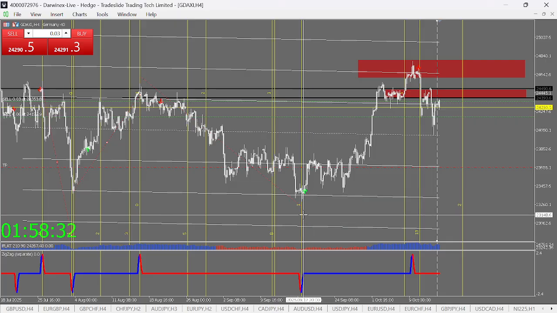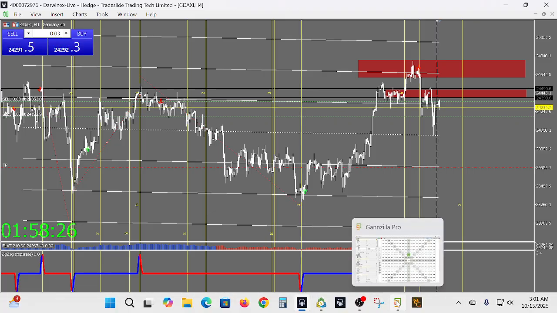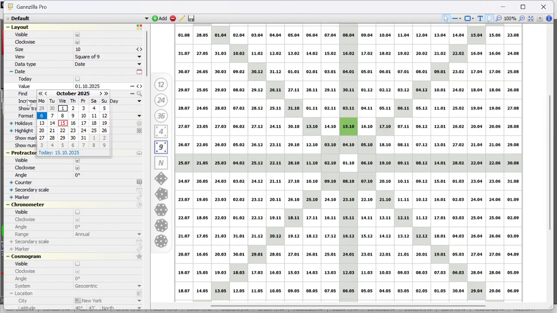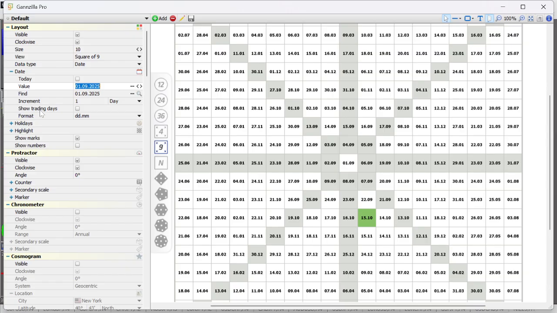Let's recheck with Gann. This is the 917. Oh, it's not here because this is 10. Let's do it just for fun. September 1st, 917.